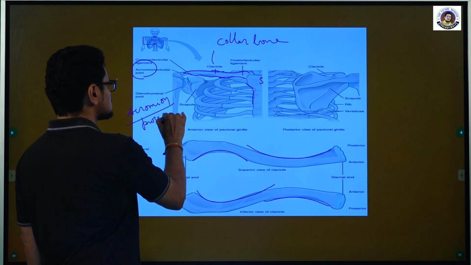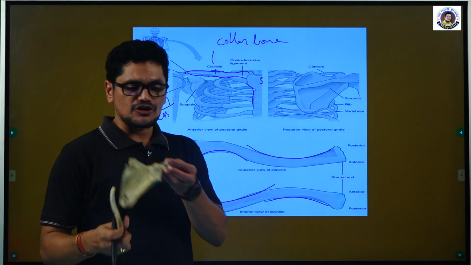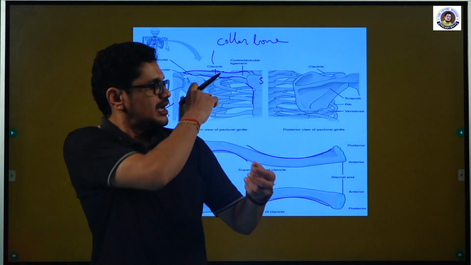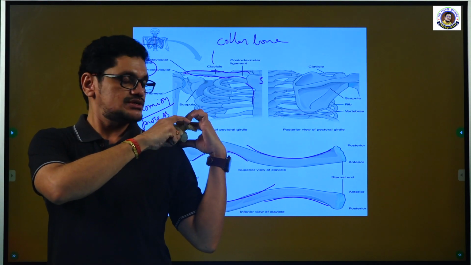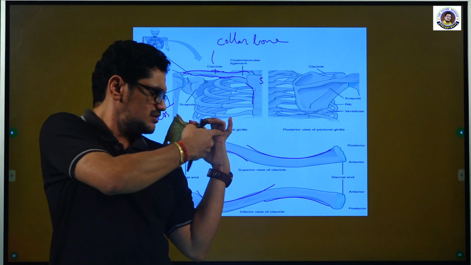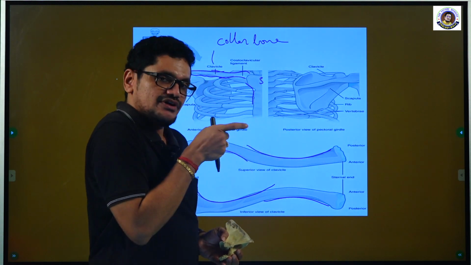This bone is present a bit posteriorly on the left side. The clavicle comes like this and binds with the acromion process. It is curved, almost like an F shape.